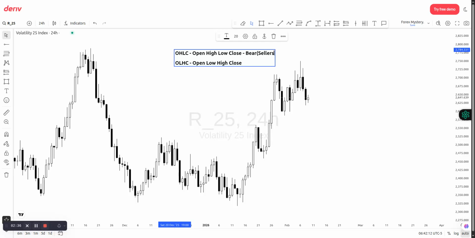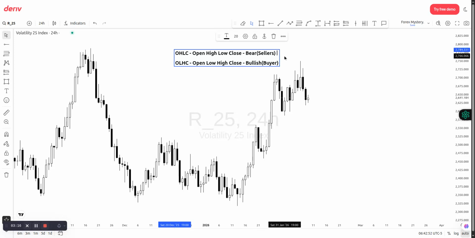For open, low, high, close, it is bullish. Buyers are in control. Open, high, low, close is sellers. Open, low, high, close is for buyers.